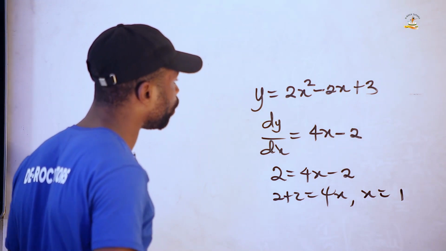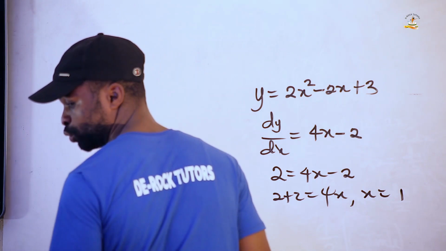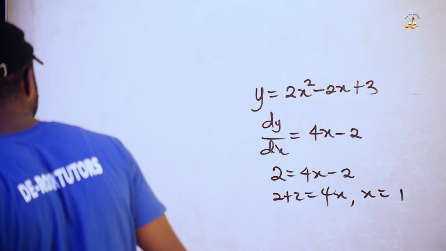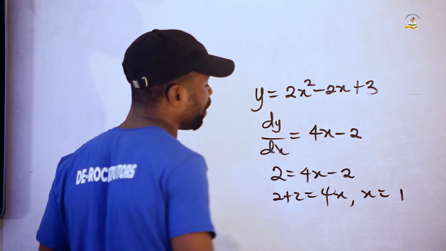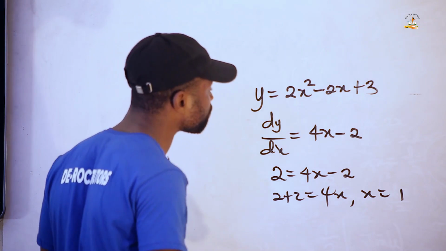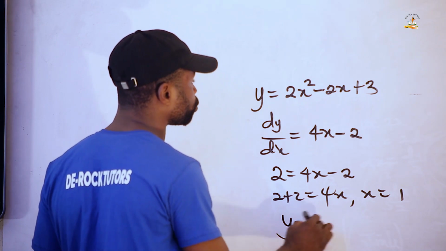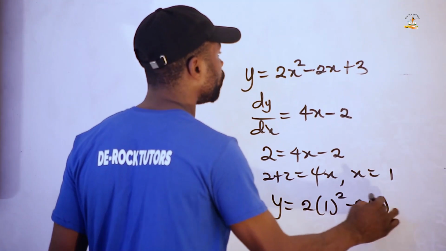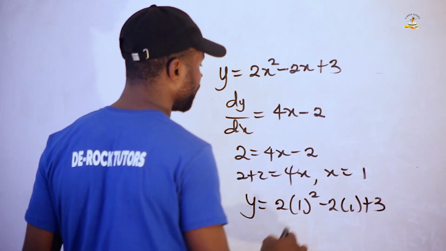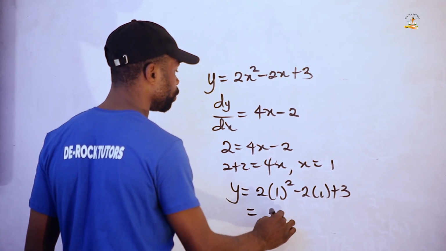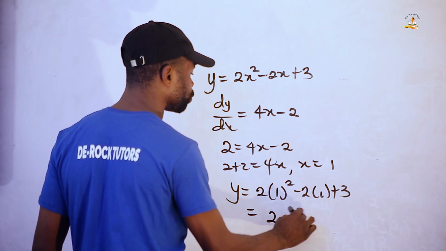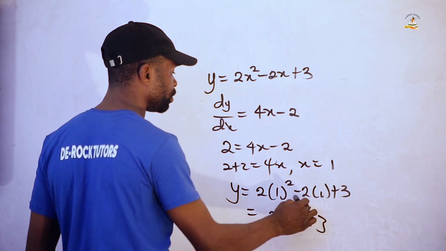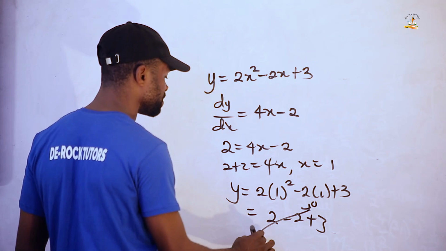Since x is equal to 1, we proceed to obtain the value of y. y equals 2 into 1 squared minus 2 into 1 plus 3. This will give us 2 minus 2 plus 3. The first two terms cancel to 0, and y is equal to 3.